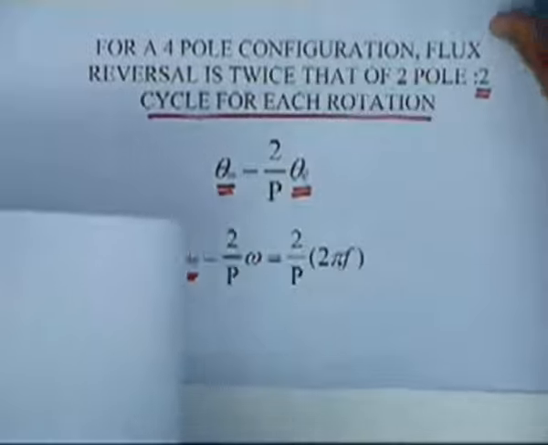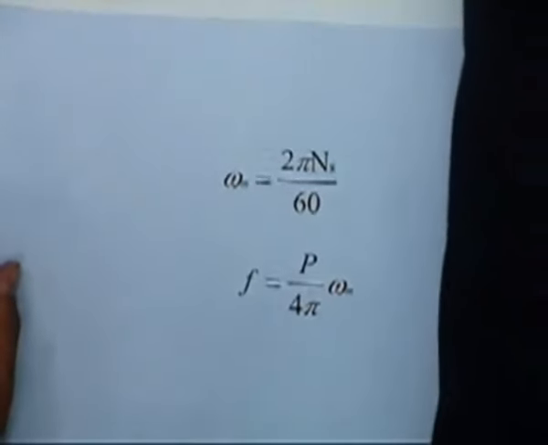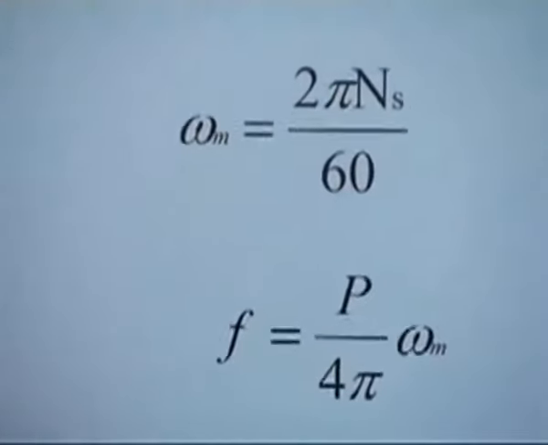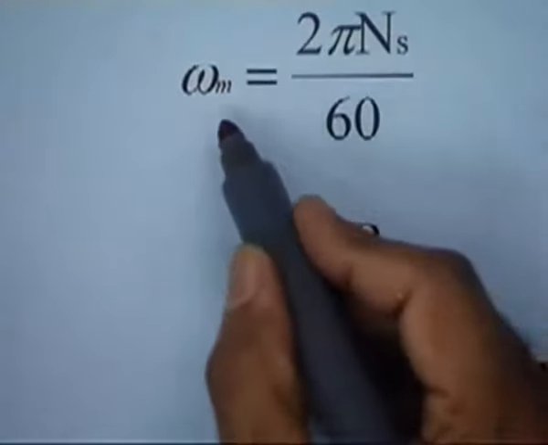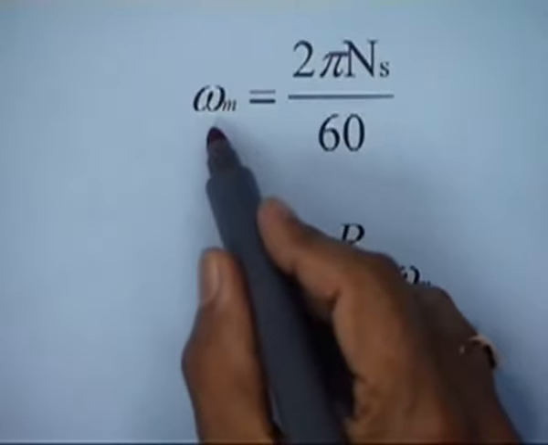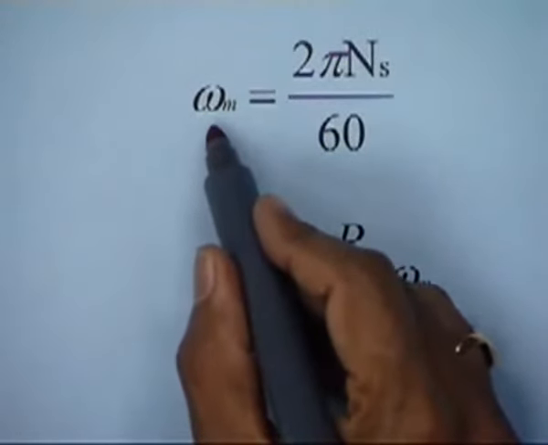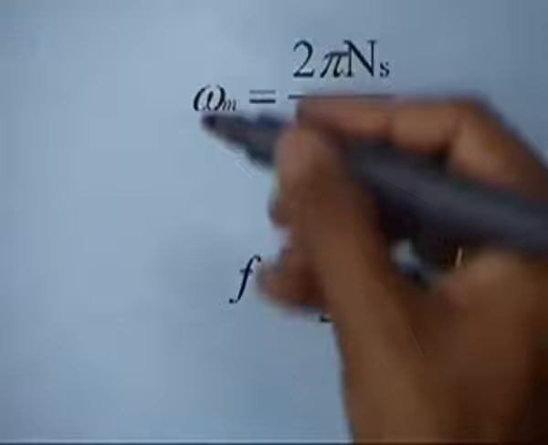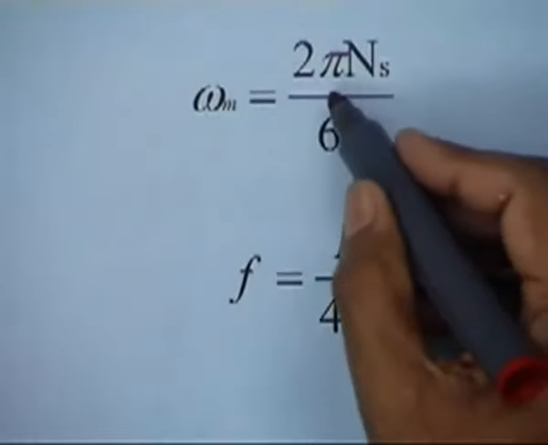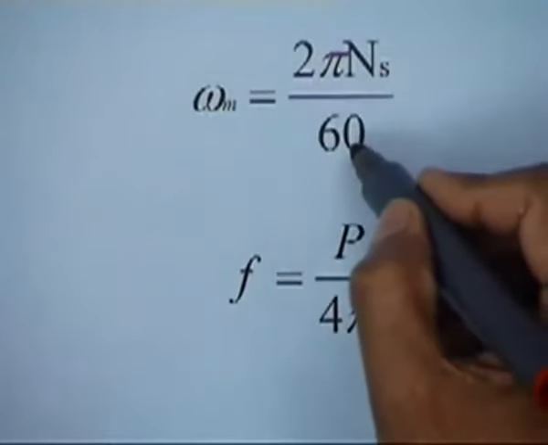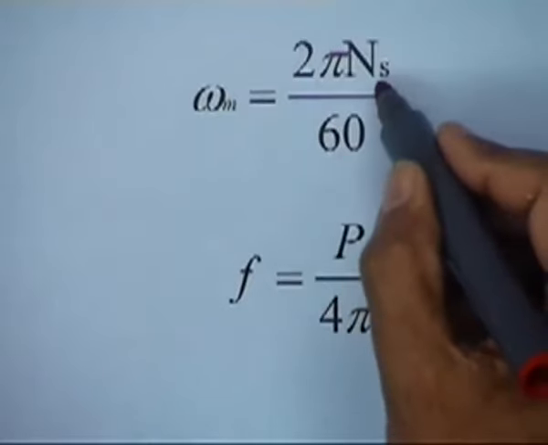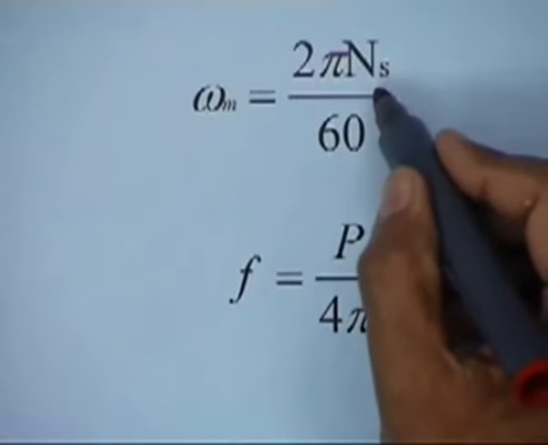Now with this relation of mechanical and electrical speed, we get a simplification further like this. Omega m, that is the speed in mechanical radians per second, is equal to 2 pi ns by 60, where ns is the speed of the rotor in RPM.